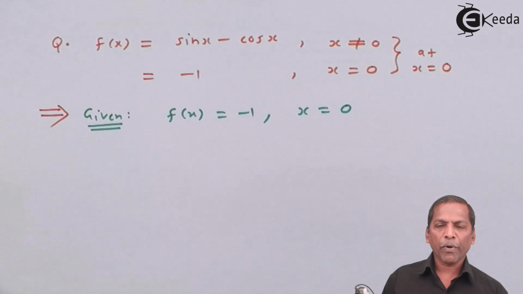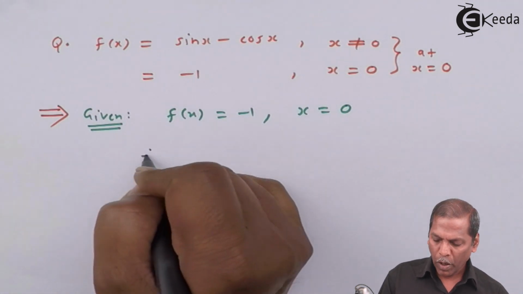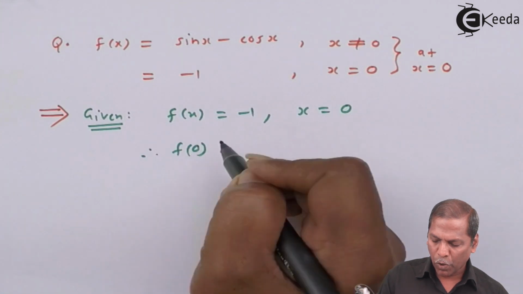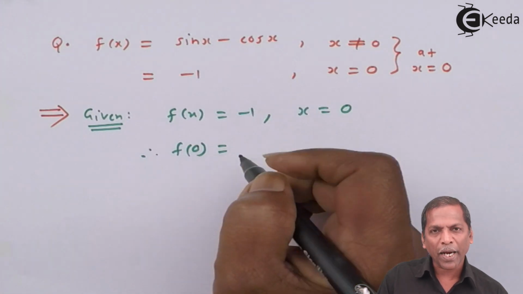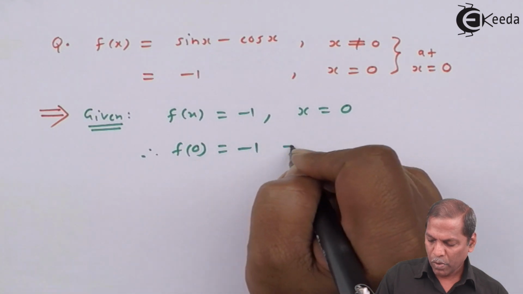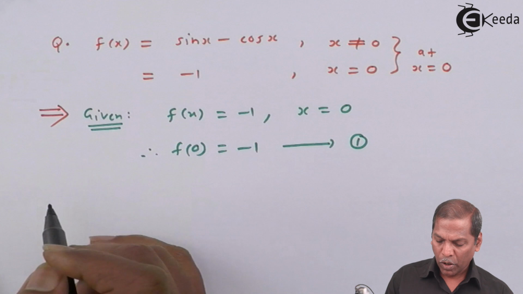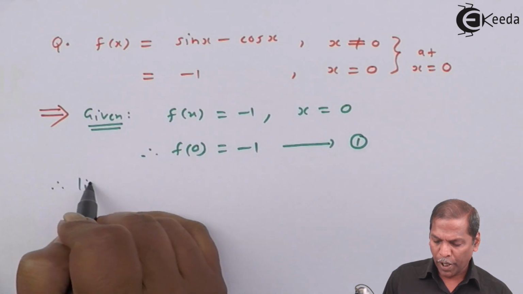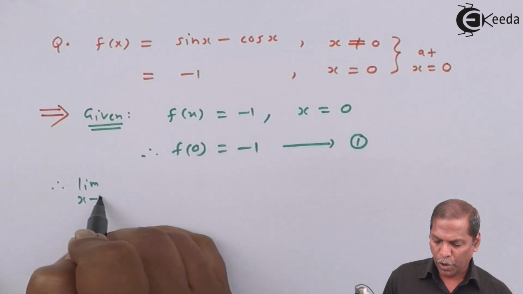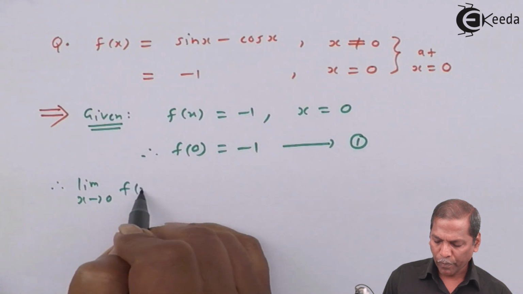It means whenever x is 0, we have to put minus 1. So the next step will be f of 0 is equal to minus 1. Say equation number 1.